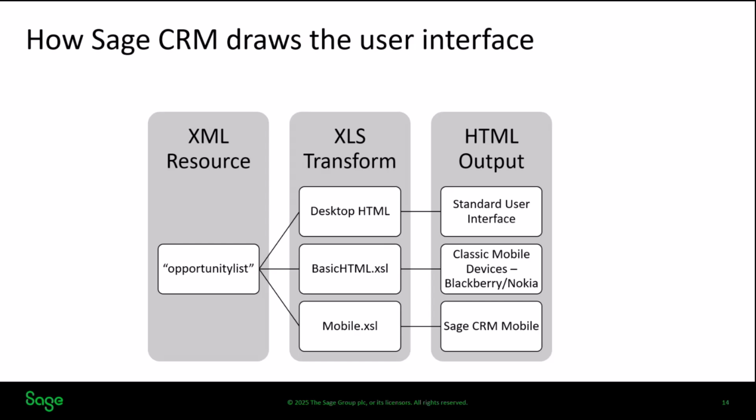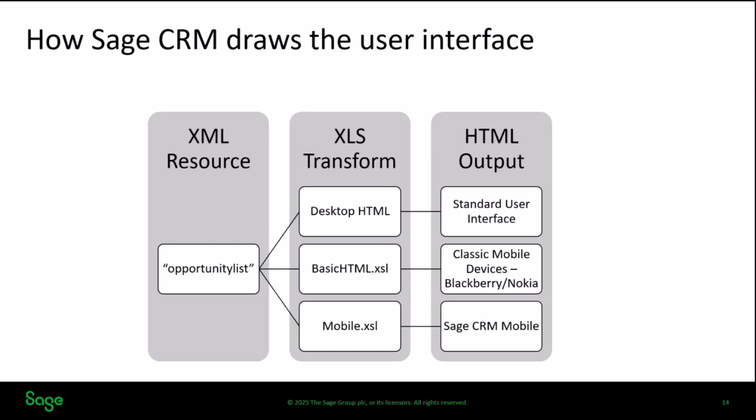It's generated from the underlying metadata on the fly, and then depending on the device, it's processed by the appropriate style sheet and interpretation guide, and then the interface is generated. So whether you're using a BlackBerry, a custom theme that you might create, or the default theme that is provided, the Sage CRM mobile theme, it is that which determines how the XML is then rendered.